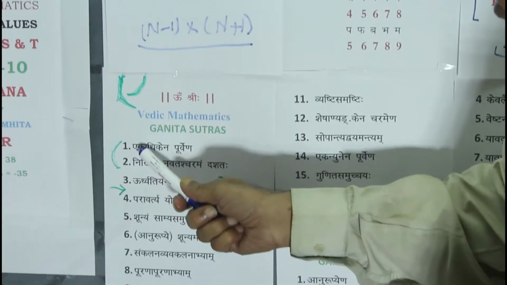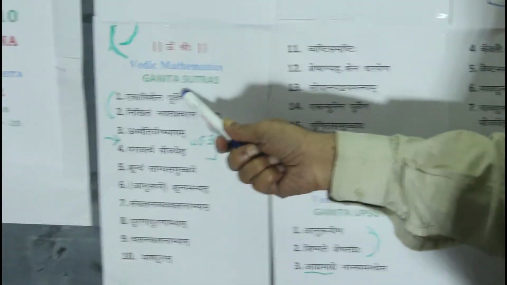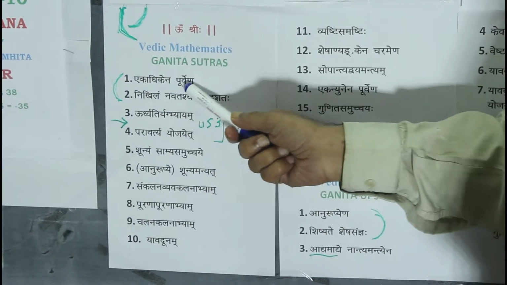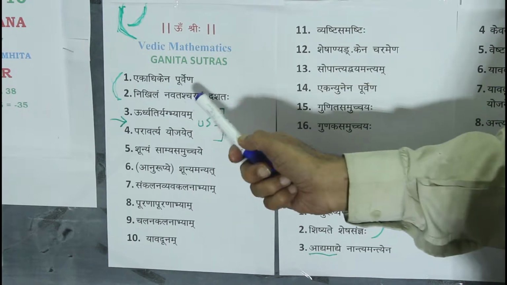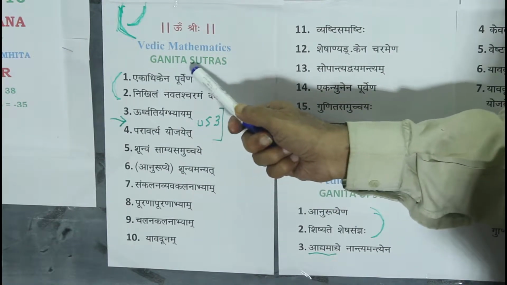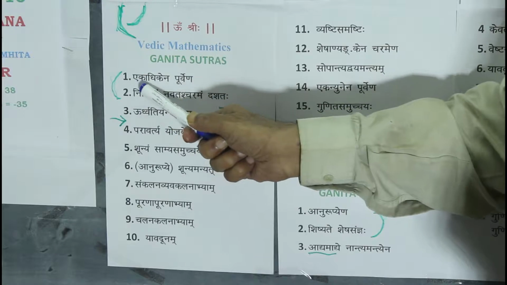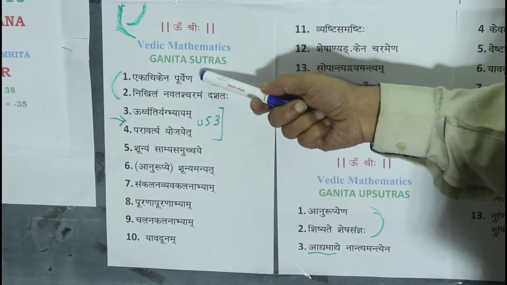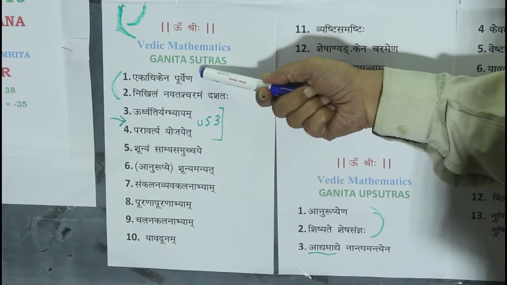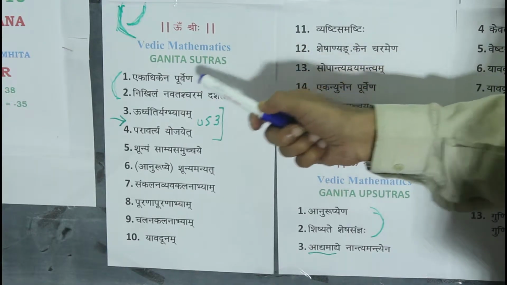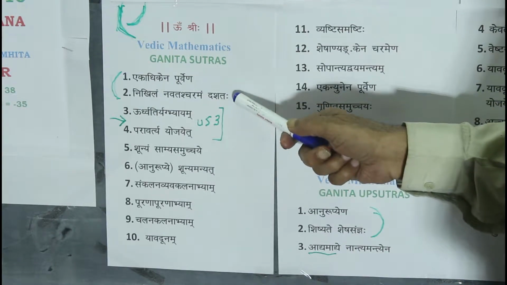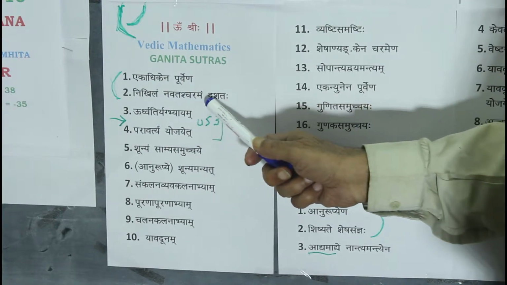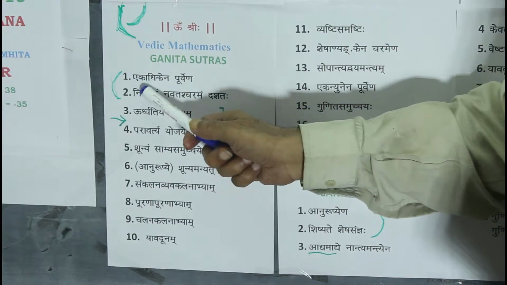Ganita Sutra 1, Eka Adhikain Purvain, is a composition of the text as a pair of formulations. Here the pair of formulations are the features of Ganita Sutra 1. However, when we transit from the text of Ganita Sutra 1 and reach the text of Ganita Sutra 2, then we see that here the text is a composition of three formulations.